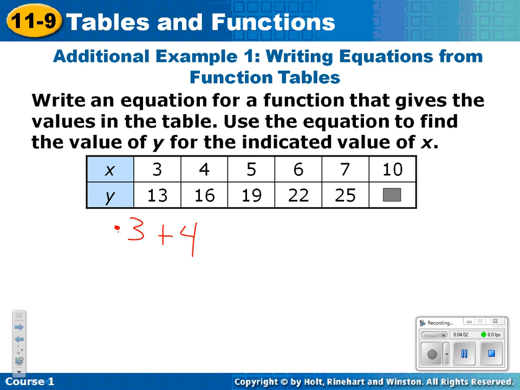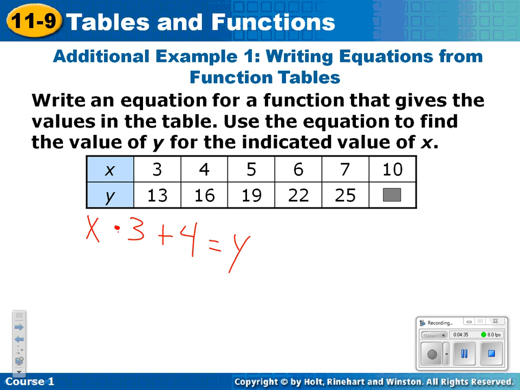You see that? Because if we take 3 times 3, which is 9, plus 4 is 13. 4 times 3 is 12, plus 4 is 16. 5 times 3 is 15, plus 4 is 19. So whatever the pattern is, whatever x is, we go x times 3 plus 4 equals y.